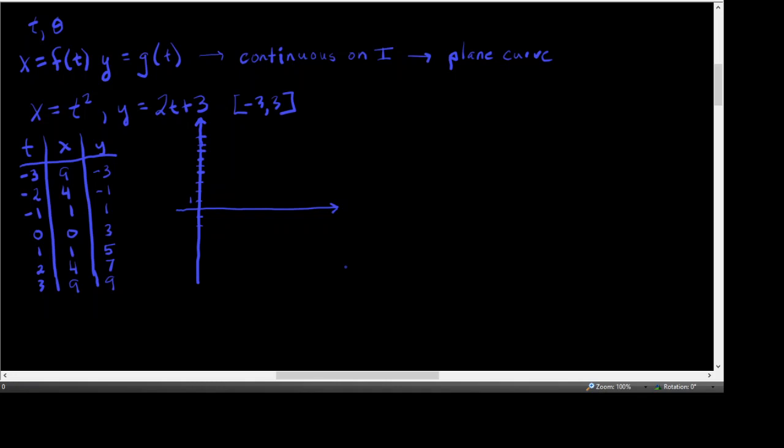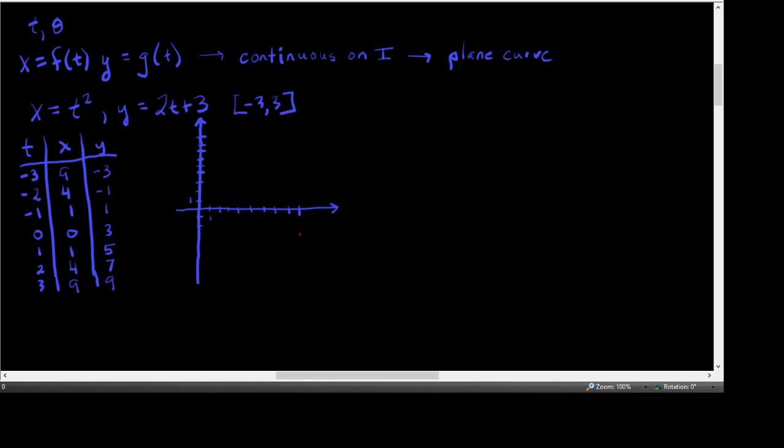Okay, and the x's go from 0 to 9, so 5, 6, 7, 8, 9. All right, so let's see if we can plot those points. 9, -3 is my first point, and I'm going to plot that.